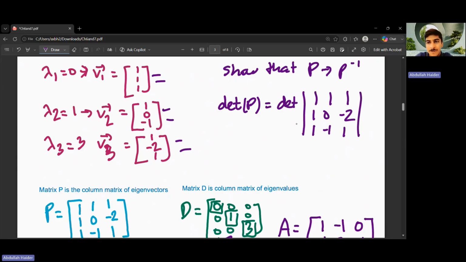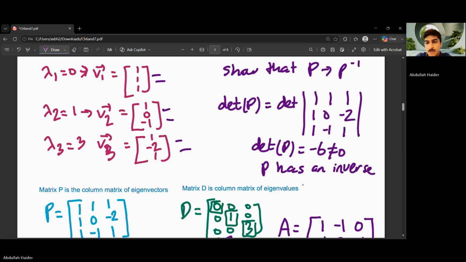When you find the determinant of this matrix, you'll get determinant of P is equal to -6, which is not equal to 0. Hence, P has an inverse and is invertible.